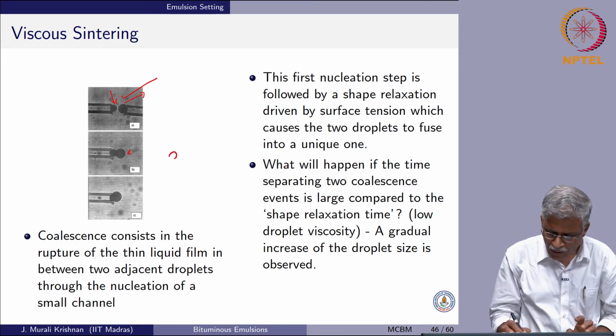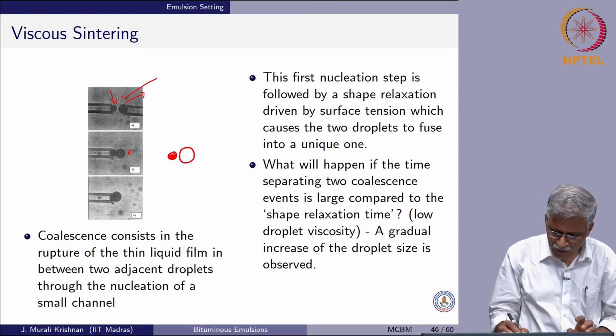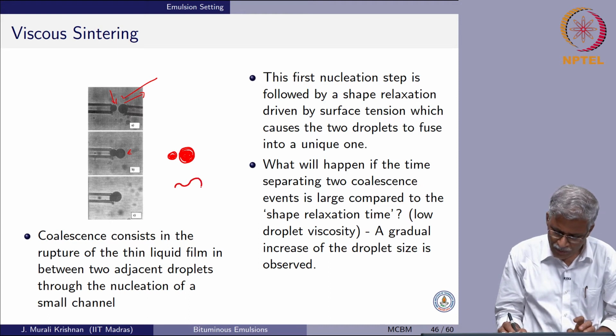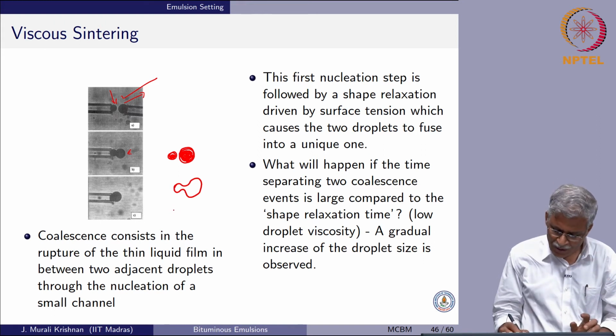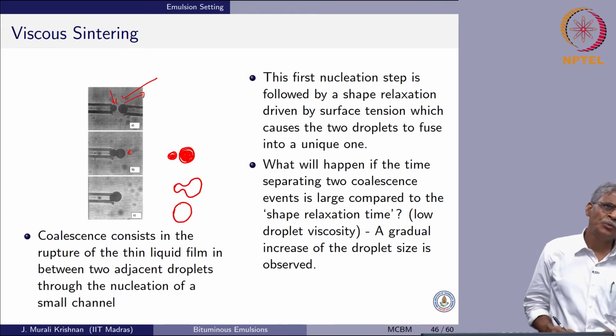So, you are going to have one droplet here, and then a slightly bigger droplet here, and when you try to force them together, it becomes something like this, and then slowly the surface starts contracting and it becomes like this, okay.